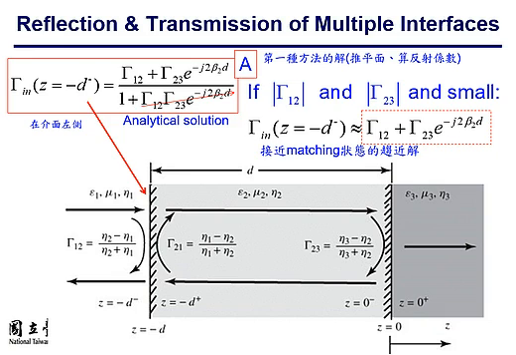You can substitute gamma 1,2, gamma 2,3, and the phase change due to the thickness d to find the actual solution.